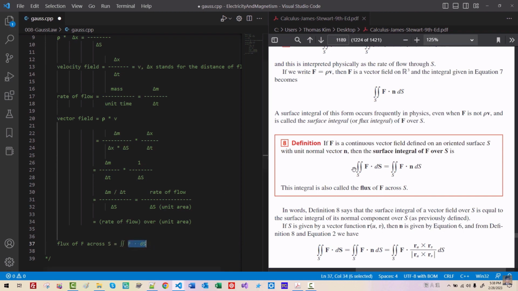This equation comes from here. In this equation, flux of F across S is the surface integral of F dot dS. F is a vector field defined to be rho times v, density times velocity.